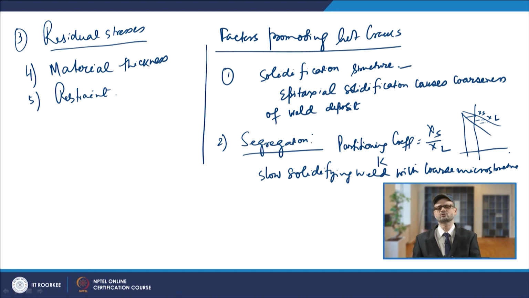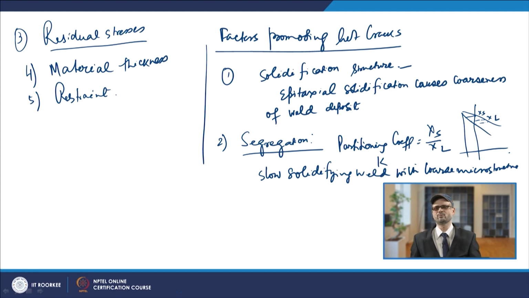That should be the practice: your joint restraint should be minimum, and for that you must have some space between two members, so that they can move during the cooling.